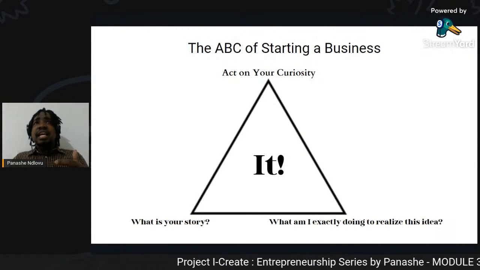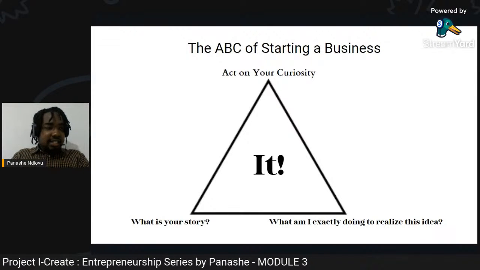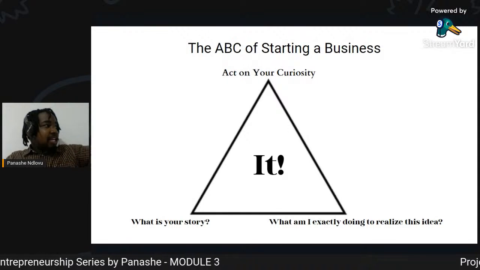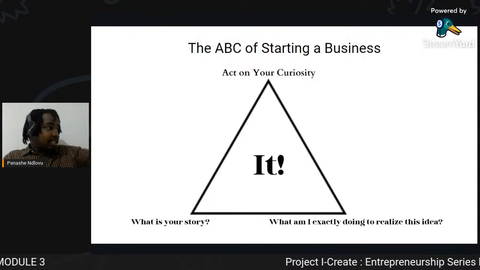So starting a business really is not about saying, oh yes, now I have got this building, I'd like to start my confectionery business here.